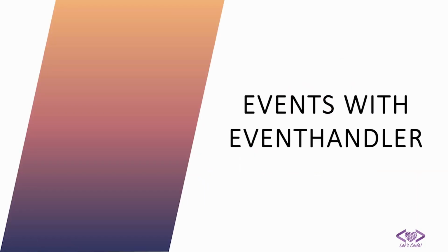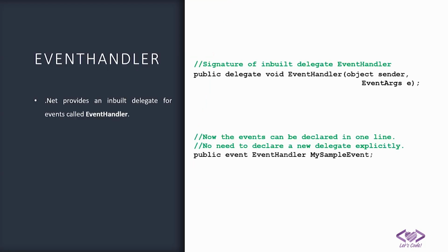Now let's see how events can be handled with the EventHandler delegate. .NET provides an inbuilt delegate called EventHandler. Till now we were declaring our own delegates and creating the event of that particular delegate. Instead, we can use the .NET provided delegate. .NET already provides the signature of this delegate, which says public delegate void EventHandler, which takes the first argument of type object, and the second argument of type EventArgs.